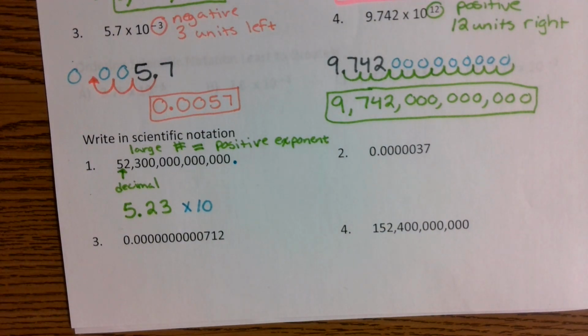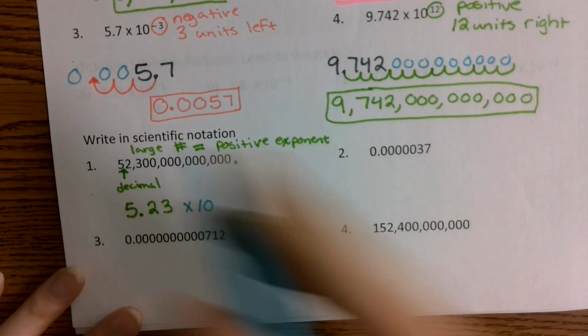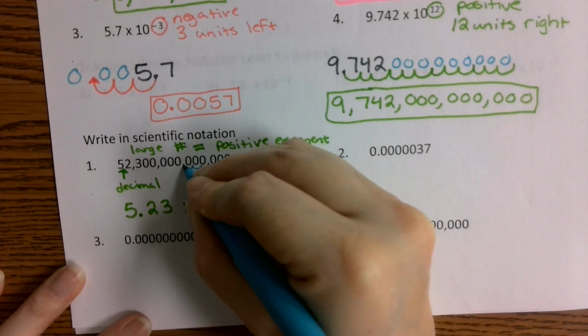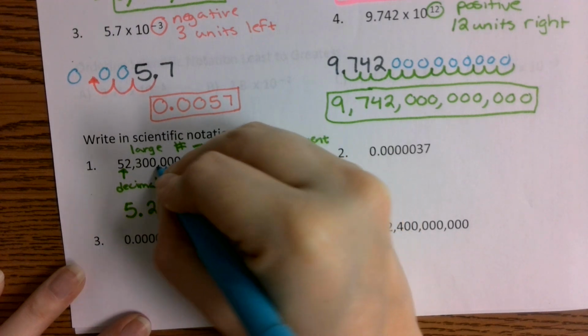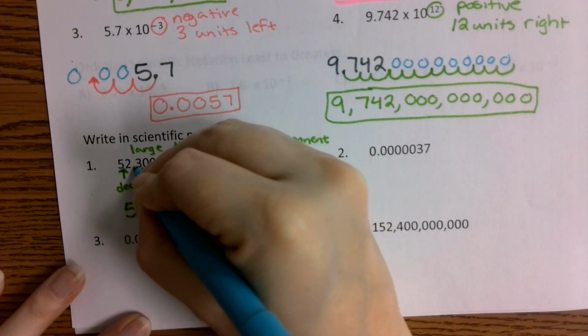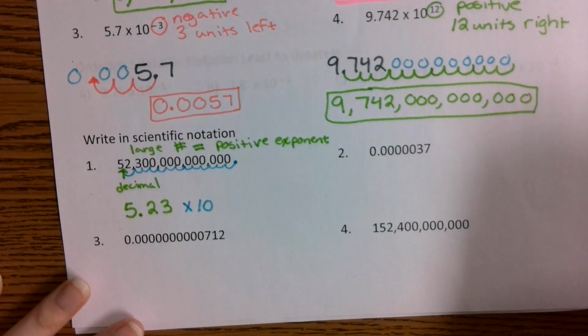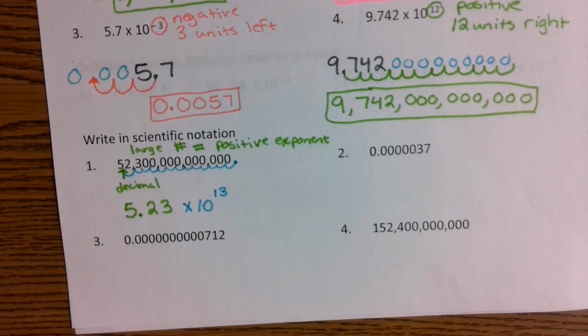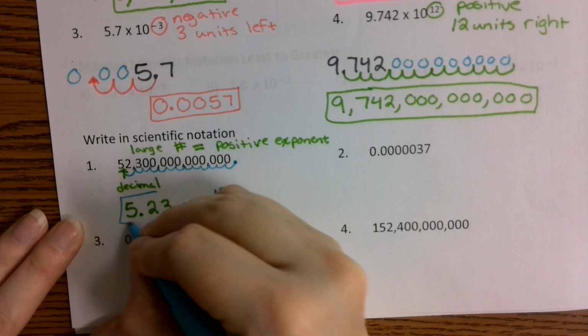So I just have to count how many spots I had to move to get to my new location. So we're going to go 1, 2, 3, 4, 5, 6, 7, 8, 9, 10, 11, 12, 13 spots. Okay, so it should be 10 to the 13th power. 5.23 times 10 to the 13th power.